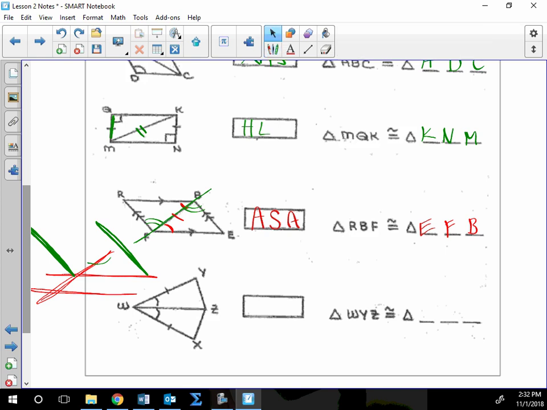Okay, go ahead and do this last one, and then double check with your shoulder partner that you have the same reasoning and the same congruency statement.